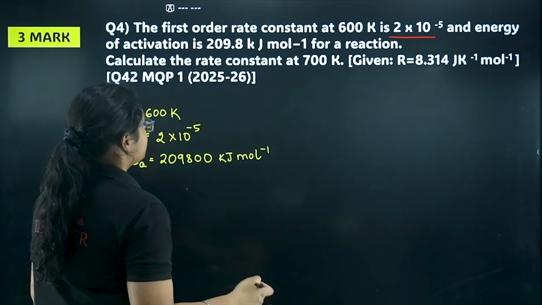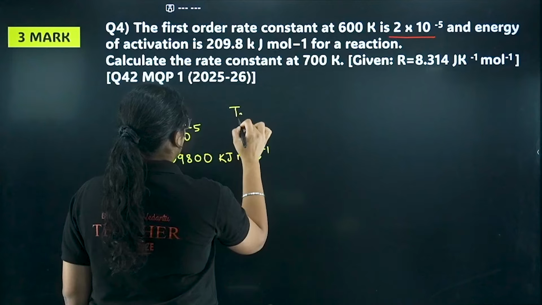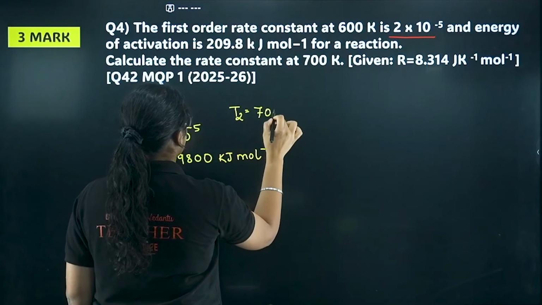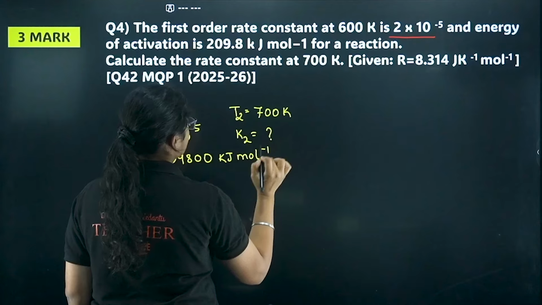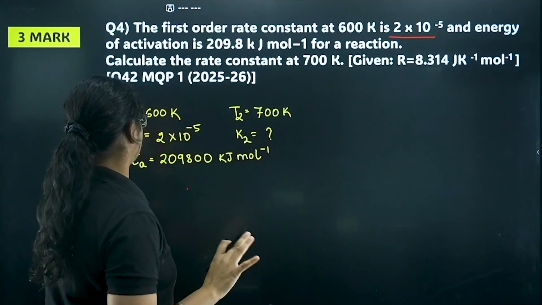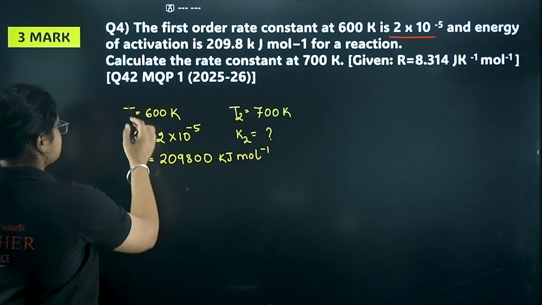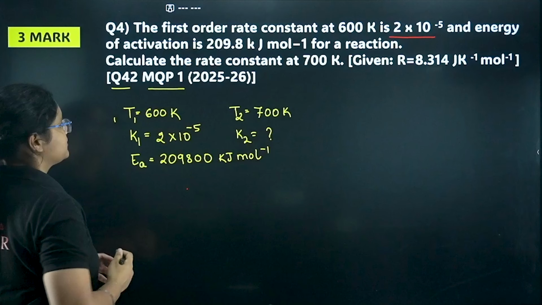Calculate the rate constant at 700 Kelvin. We have T2 equal to 700 Kelvin, and I have to find K2 at this temperature. The R value is given to me. This question is from question number 42 of model question paper 1.